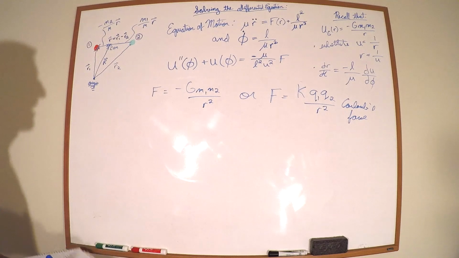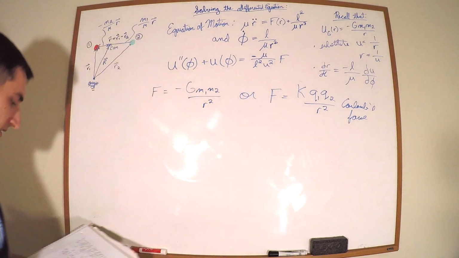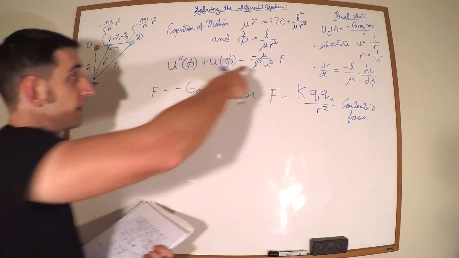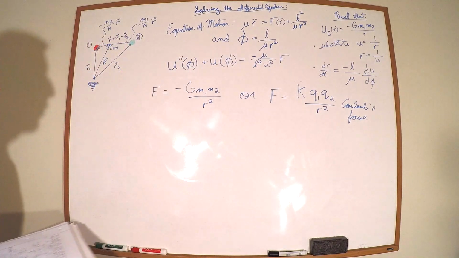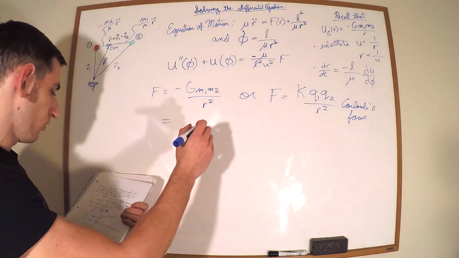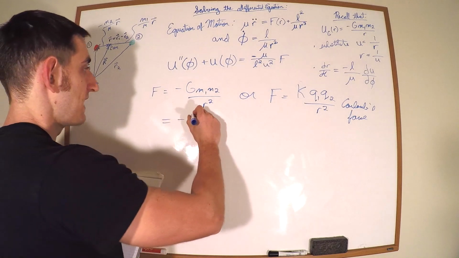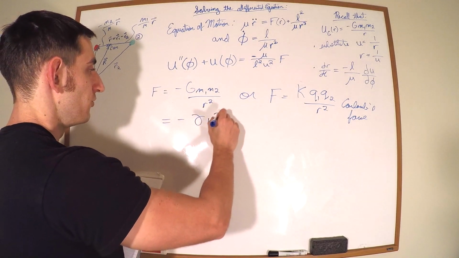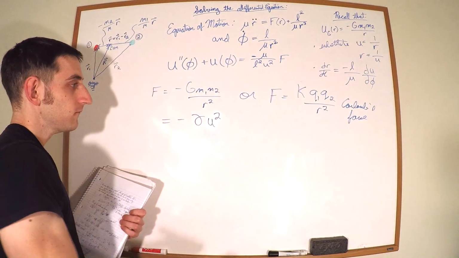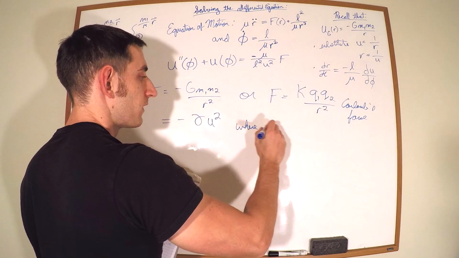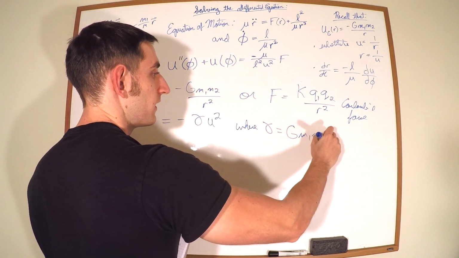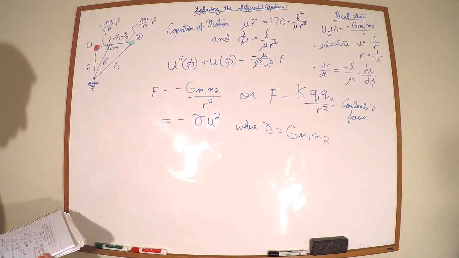But coming back to the problem at hand, what we want to do is take this guy and throw it in here, convert it into our problem. So what I'm going to say is that this is going to be represented as, I'm going to let this equal negative gamma u squared, basically 1 over r squared is equal to u squared, where gamma is equal to G M1 M2.